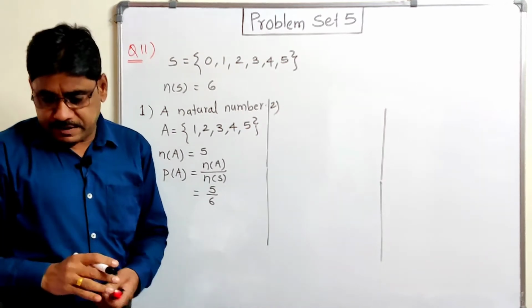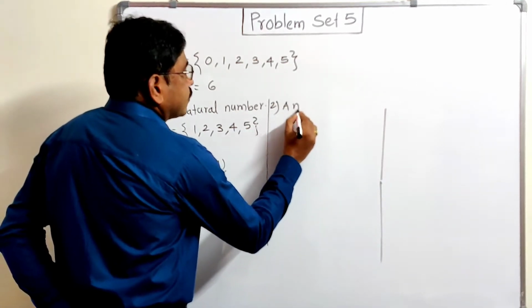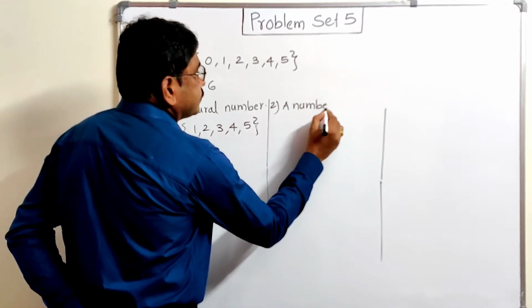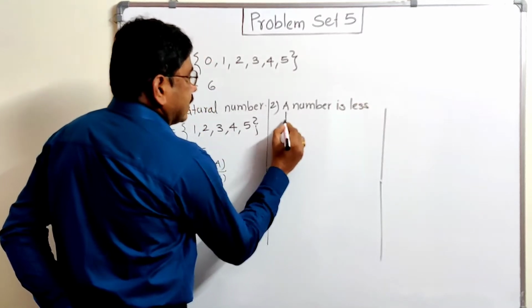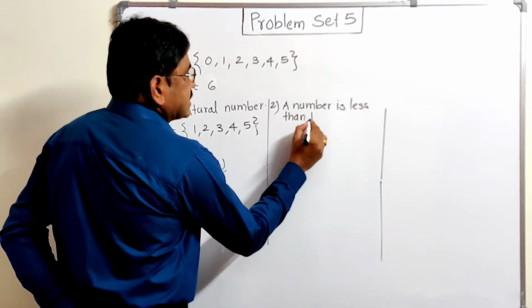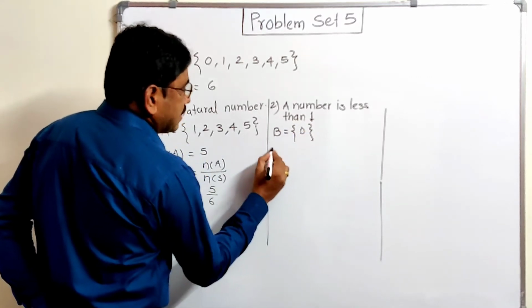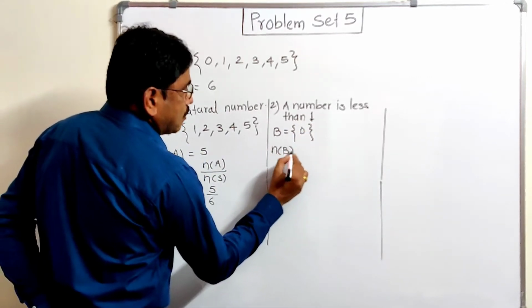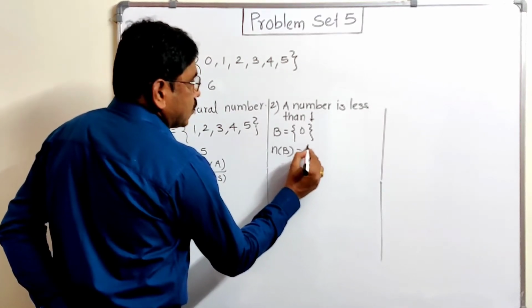Now second one. The second possibility is given, a number less than 1. The number on the card is less than 1. So which number is less than 1? Only 0. Let it be set B. So only one number is there. Therefore n(B) is equal to 1, not 0.